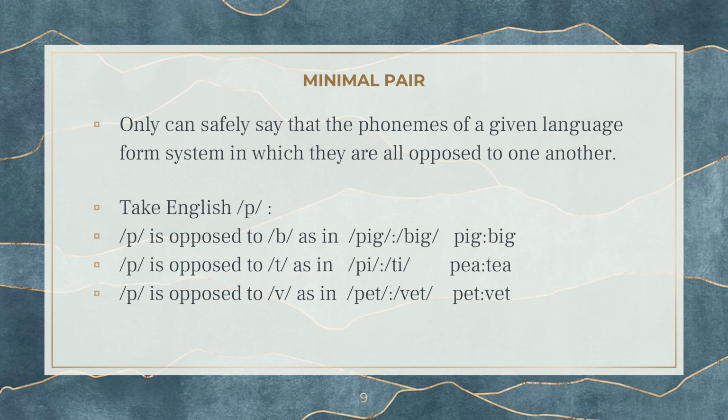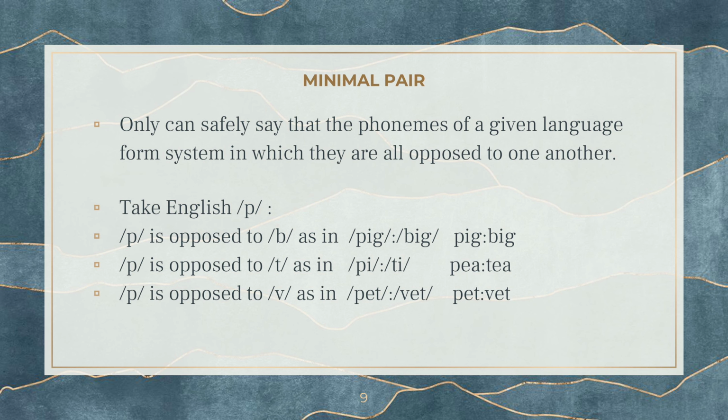You can only say that the phonemes of a given language form a system in which they are all opposed to one another. I'll give you another example. Take English P. P is opposed to B, as in pig and big.